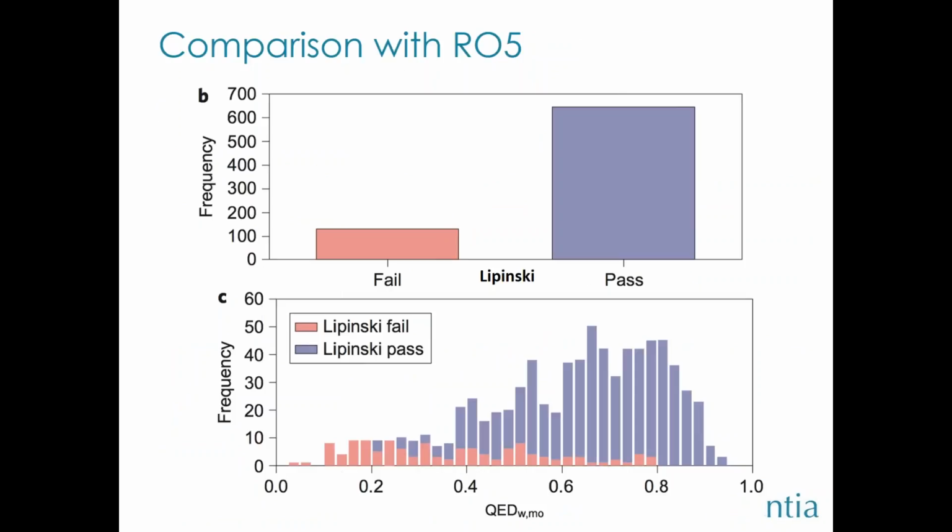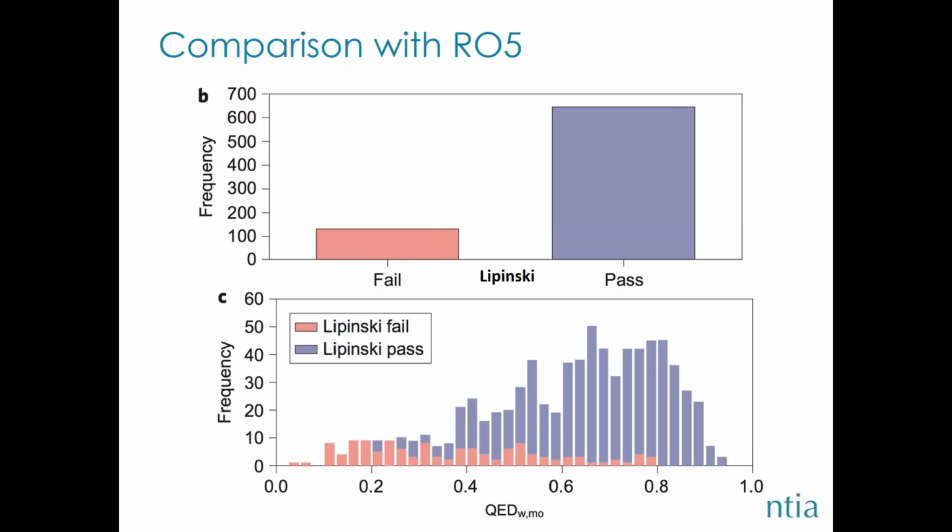To show how it can be used, say we use the rule of 5. For the set of drugs, we see that most of them pass or fail, but it's very binary. While using QED, we can see the wide range of compounds, some having good QED and passing Lipinski rules, but some others failing the rules.